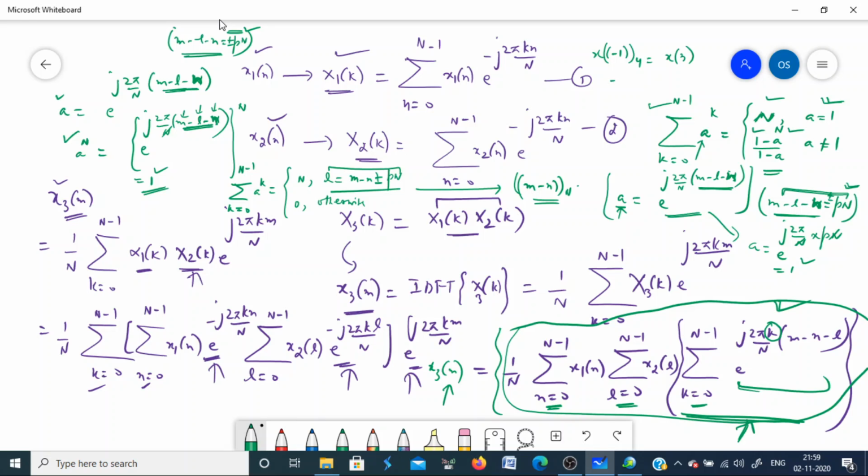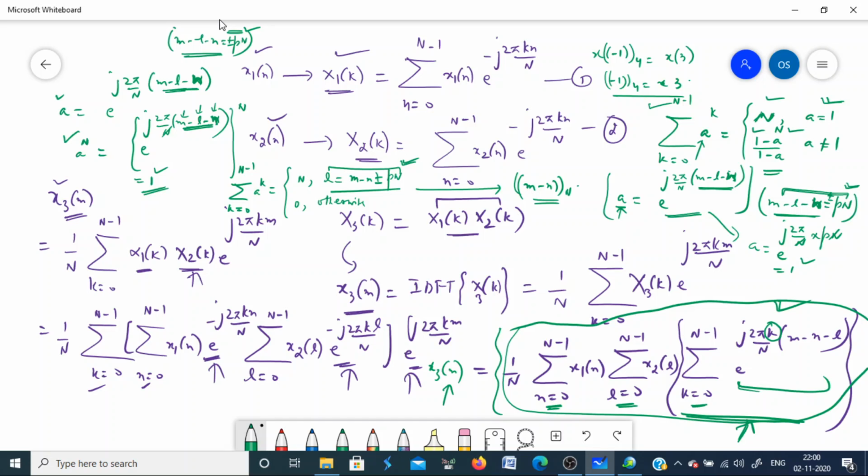Minus 1 mod 4 is nothing but 3. It means minus 1 plus 4 is 3, as simple as that. So m minus n plus pn means m minus n mod n, because the sequence is periodic. Whenever we are discussing the DFT, although the signal itself is a 4-point sequence, it will repeat after 4 samples. It is a periodic sequence.